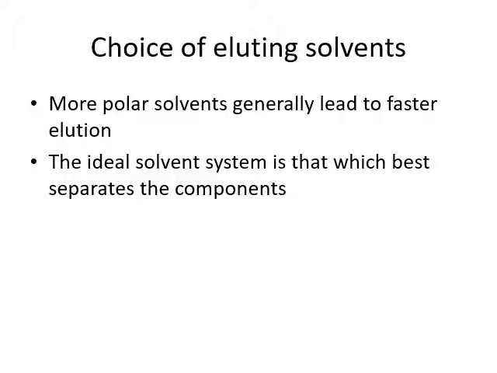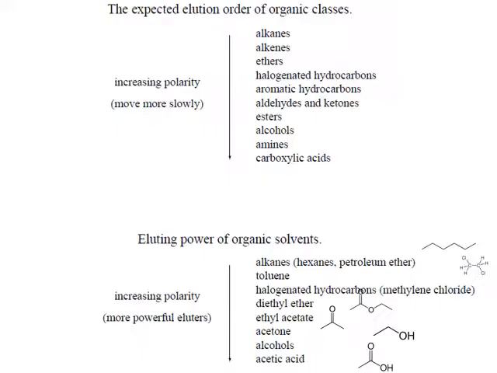If you just run them through a very polar solvent, both of them will be carried upwards very quickly, not giving them enough time to separate. However, if you use more of the non-polar solvent, you will give them time to separate based on their minute differences in polarity, right? So let's think about this further as we go ahead.